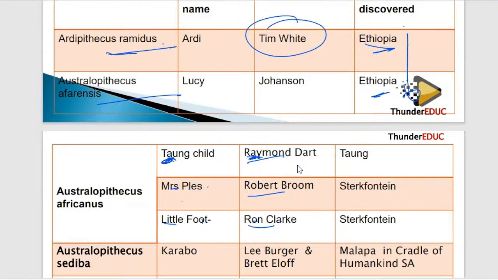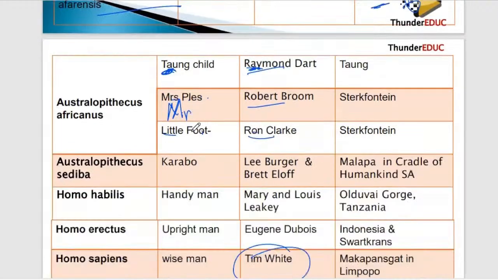The recent one is supposed to be Mr. Ples, but in the books they credited it as Mrs. Ples, until we are told to update it. We will not update it until they tell us to do so. So when you say Mrs. Ples, it's cool. When you say Mr. Ples, I think it's also cool because lastly, they credited it. Yes. So think about it.